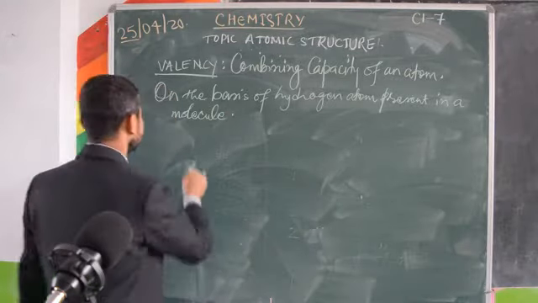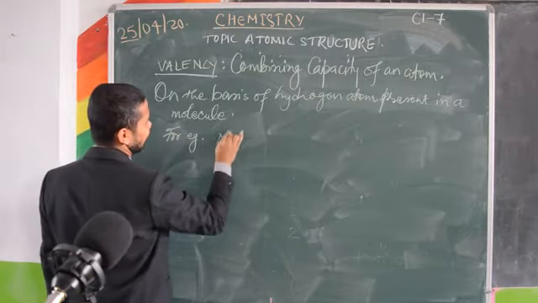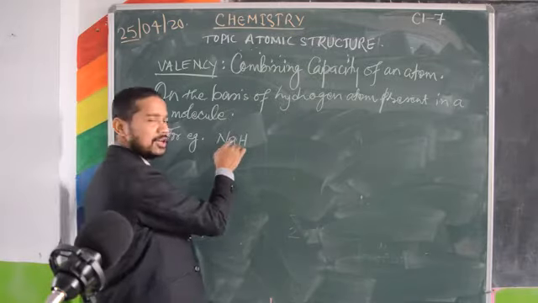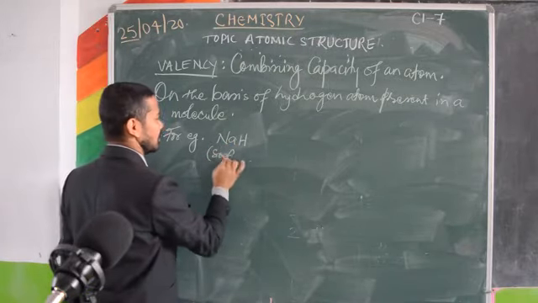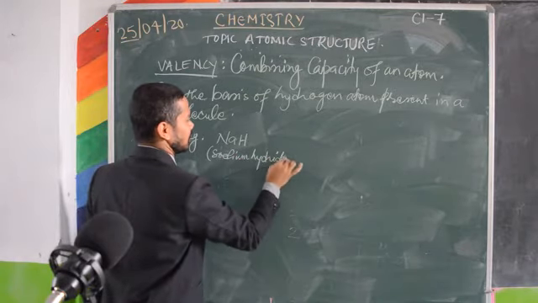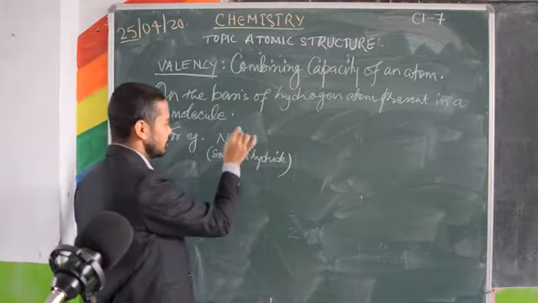Say for example, NaH. Now, this molecule is sodium hydride. In this molecule, how many hydrogens are present? Only one.